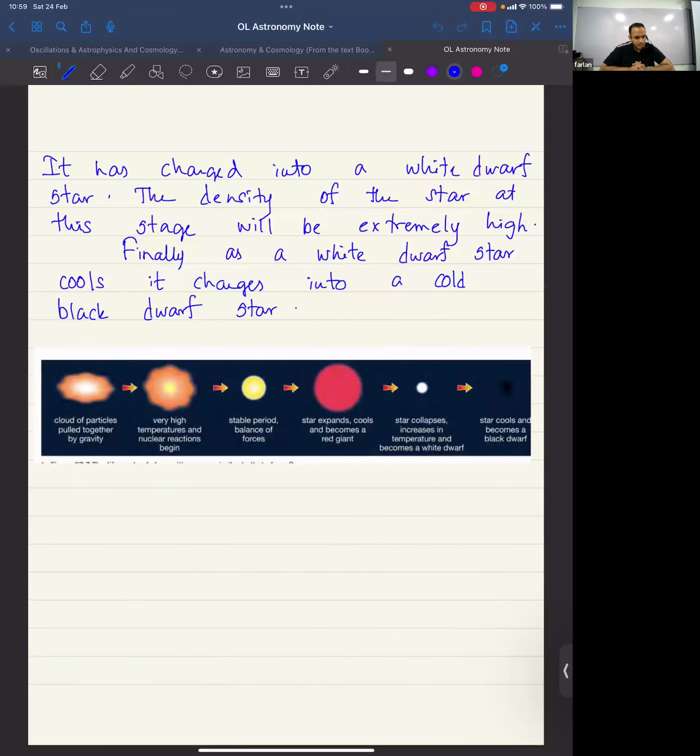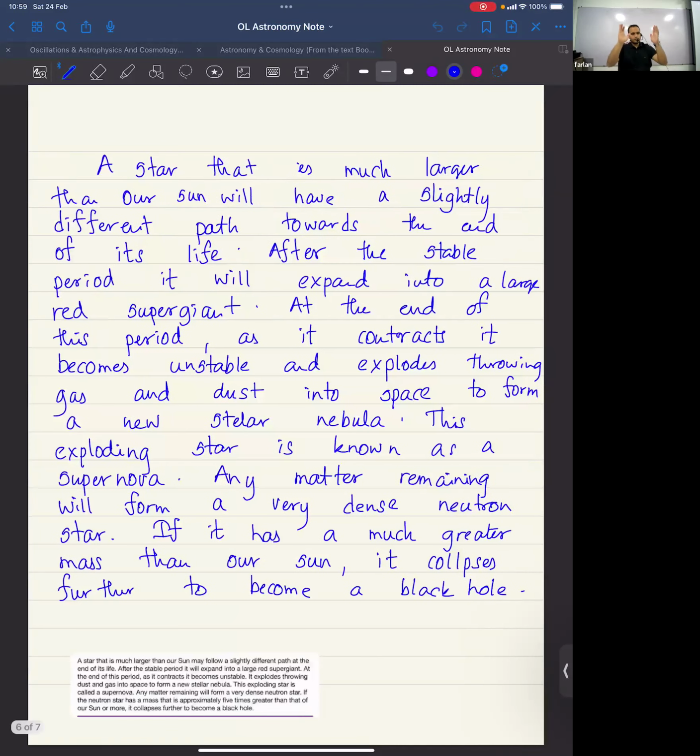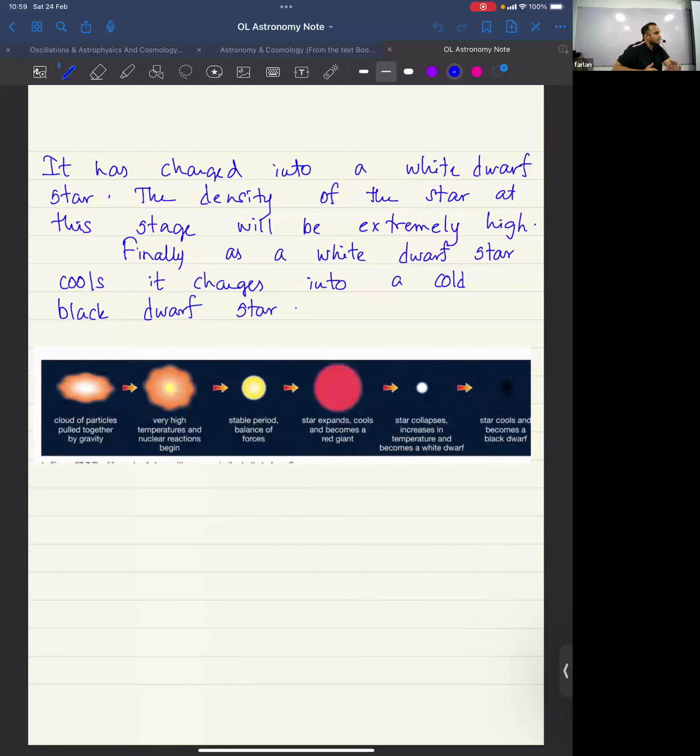The density of the star at this stage will be extremely high. Finally, as a white dwarf cools, it changes into a cold black dwarf. That is the life cycle of a star similar to the mass of the sun. It becomes a red giant, then a white dwarf, and then a black dwarf.